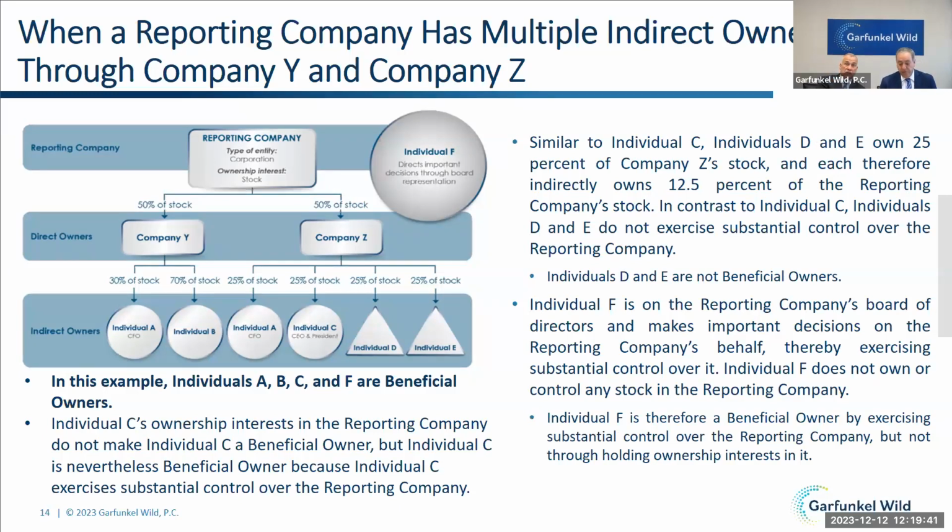And if I can, when you're doing your analysis for the purpose of determining whether someone is a beneficial owner, remember, you have to look at their ownership interests, both direct and indirect, as well as their substantial authority. So as you can see, individual A is a CFO. Again, that falls within a substantial authority bucket. Individual C, CEO and president, falls in the substantial authority bucket, but does not fall in the ownership bucket.